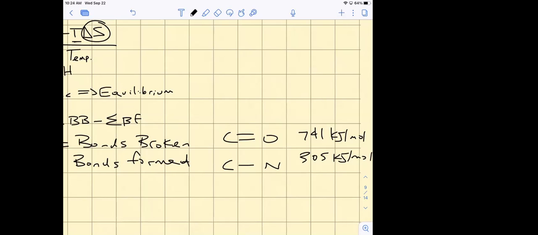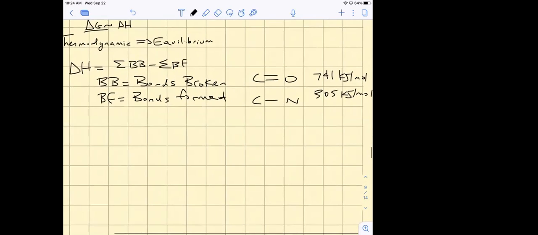All right. So now we have our numbers, we can put those into this equation. The reason I say sum is because sometimes you're going to have multiple bonds broken and multiple bonds formed. So you take the sum of the bonds broken and the sum of the bonds formed. If you have more than one bond that's broken, you have to add those values up to get the total. If more than one bond is formed, add those values up. So 305 is bonds formed.